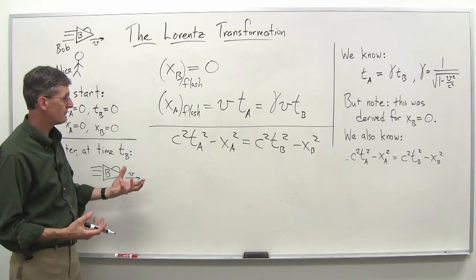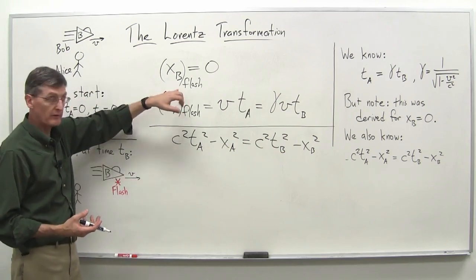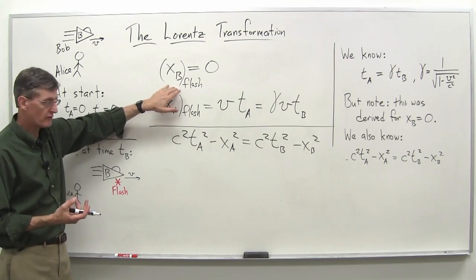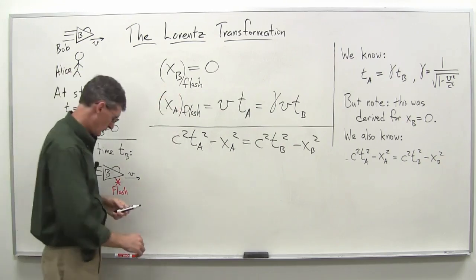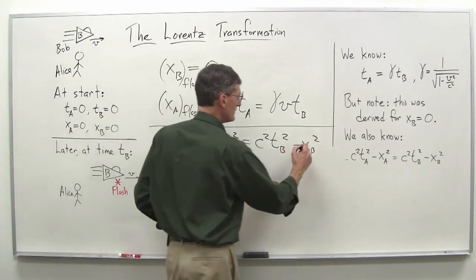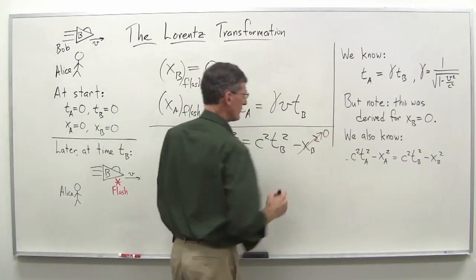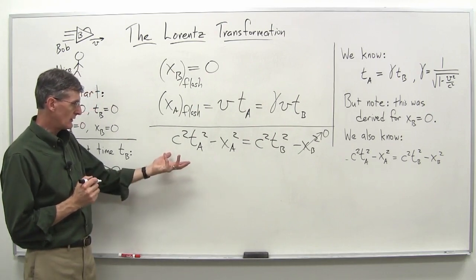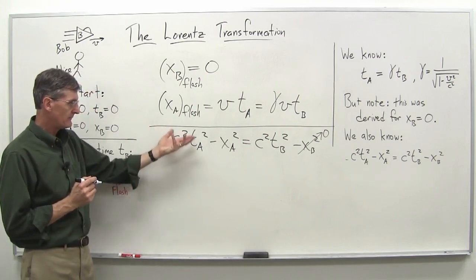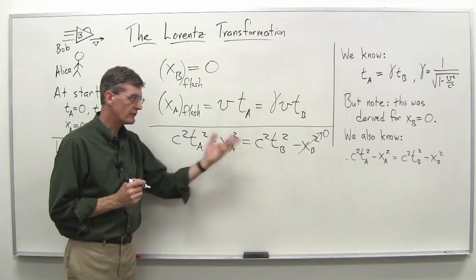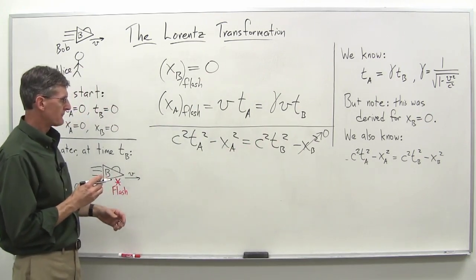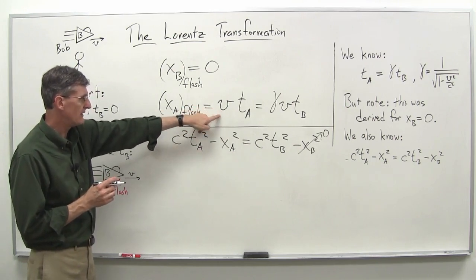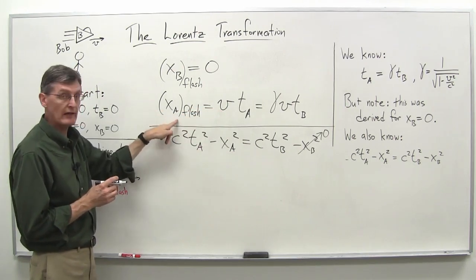So what do we know here? Applying it to the flash of light right here, the flash of light occurs at xb equals 0. So that means this thing right here is 0. We don't have to worry about that. And so we're left with ta, xa, and tb in here, and of course c being the speed of light. And then let's also put in v ta for the flash of light.